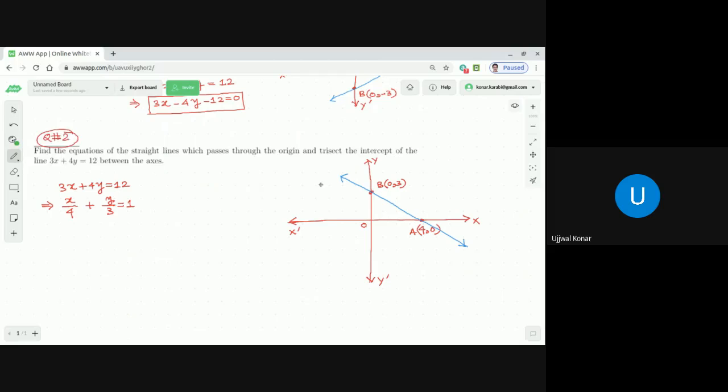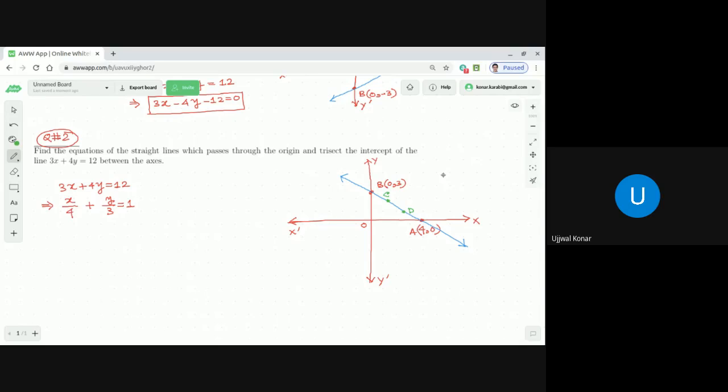That means we can find 2 points. Suppose this is the point C and this is the point D. So if this is point C and this is point D, that means BC is equal to CD is equal to DA.